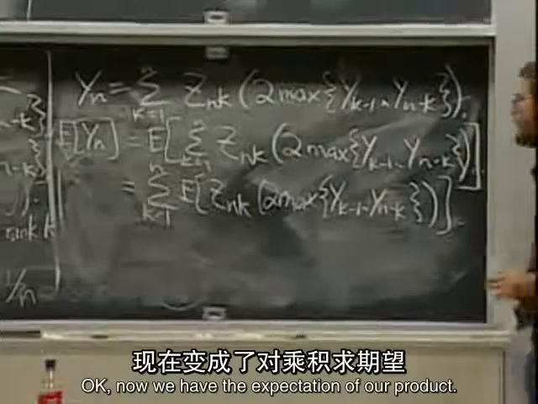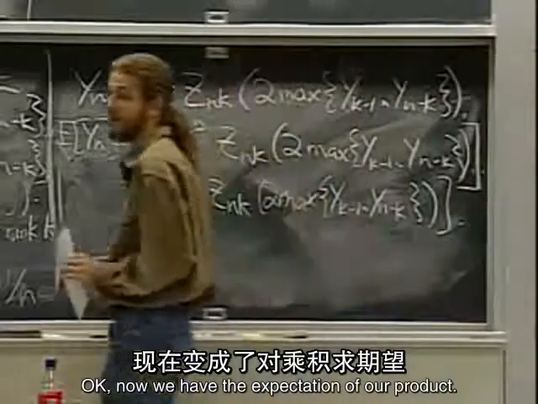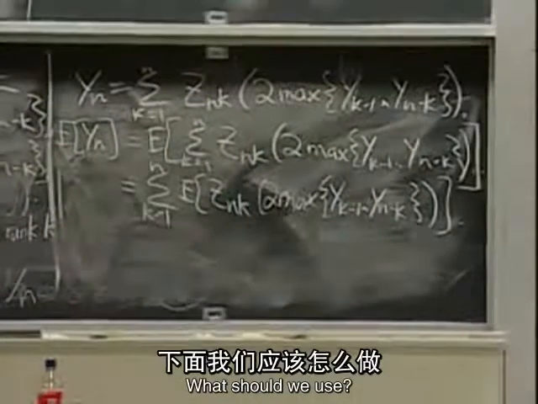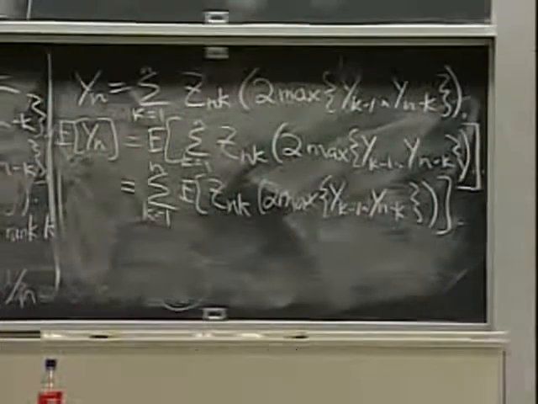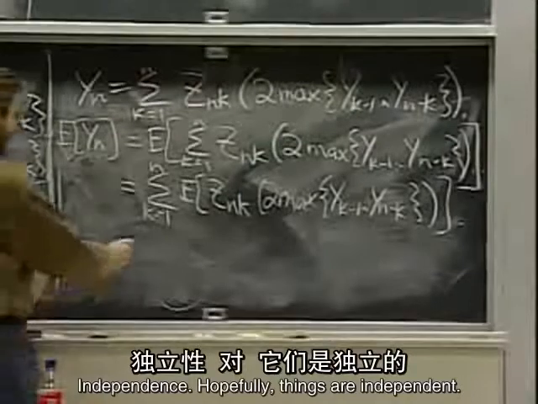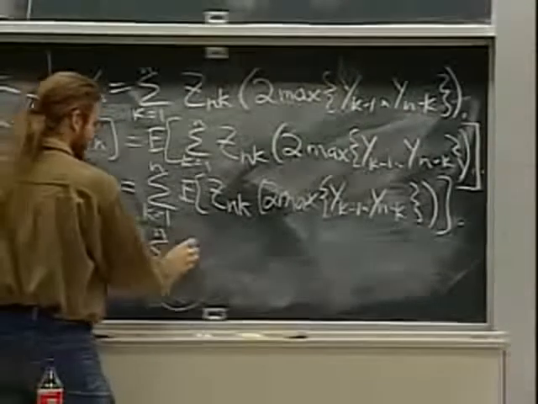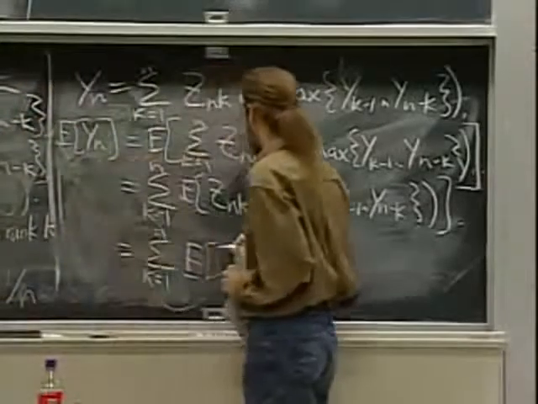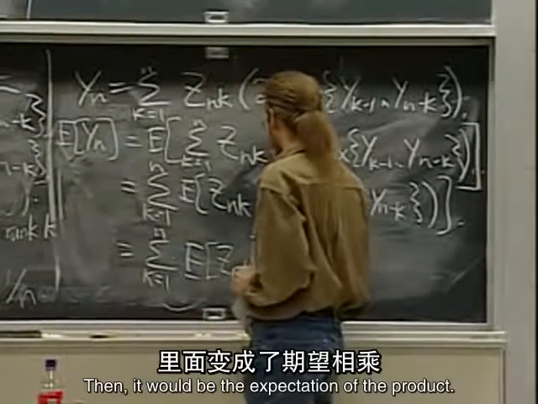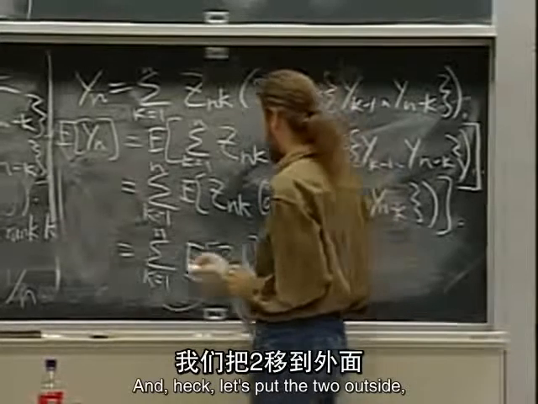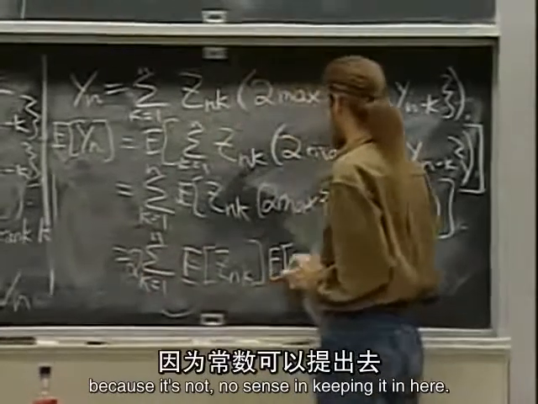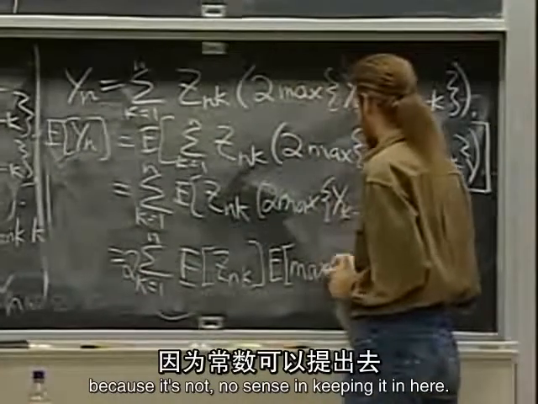Now we have the expectation of a product. What should we use? Independence. Hopefully things are independent, and then it would be the expectation of the product. And let's put the 2 outside, because there's no sense in keeping it in here.